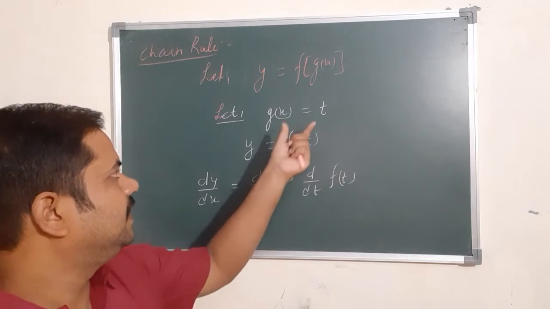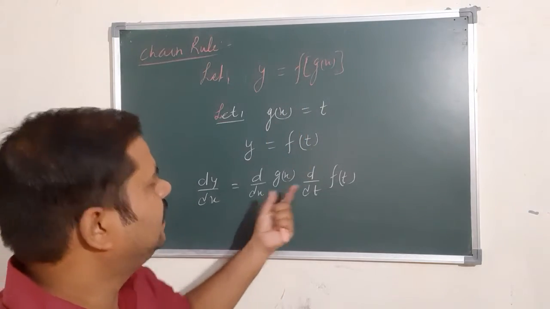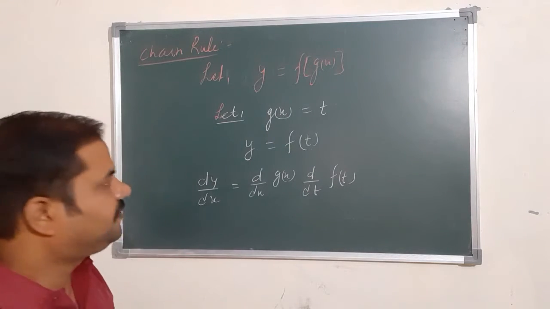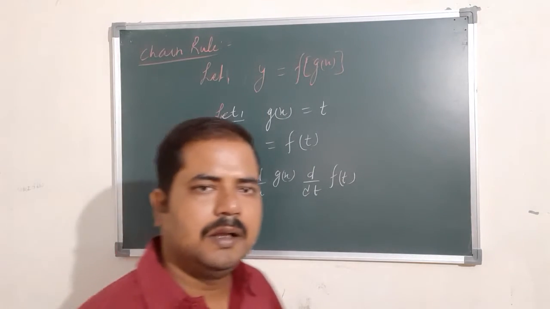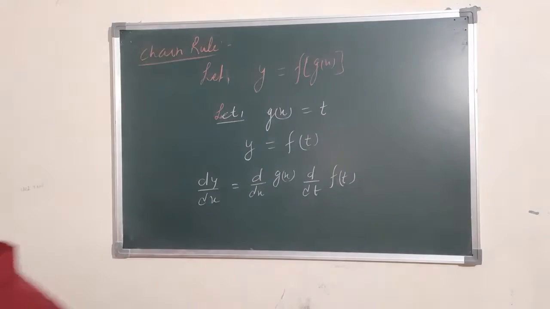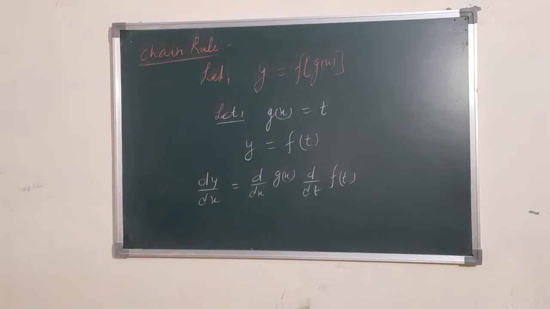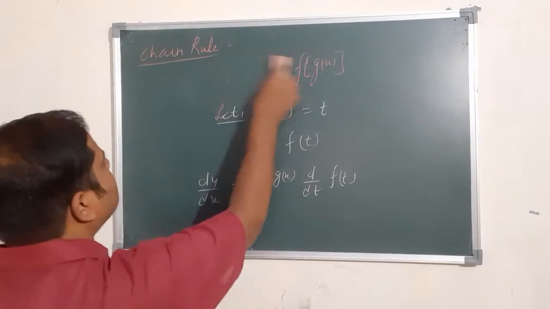That means first we differentiate g(x) with respect to x, and then we differentiate f(t) with respect to t. Okay. Now see an example based on this.